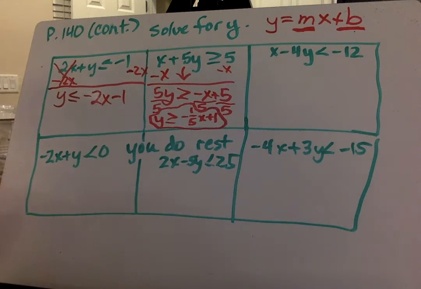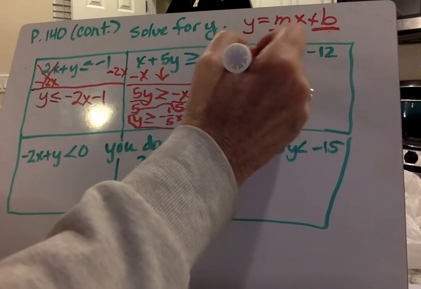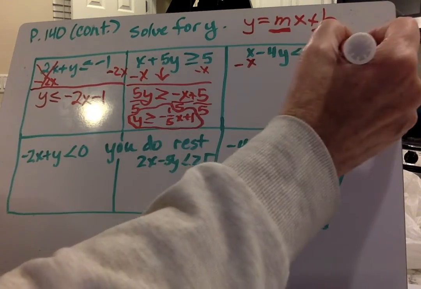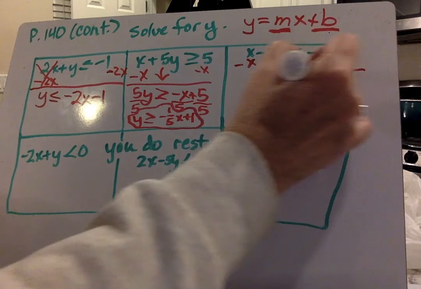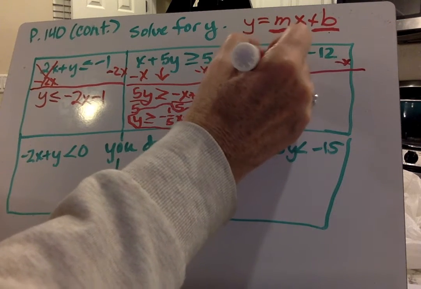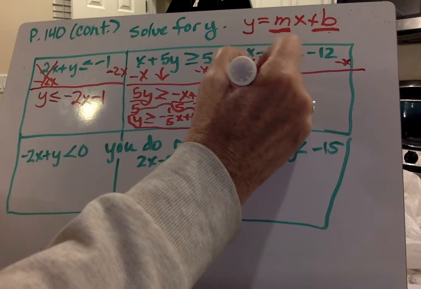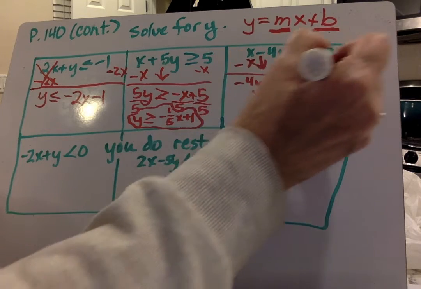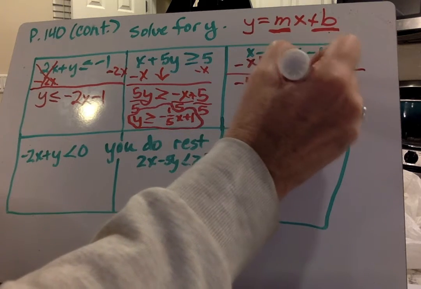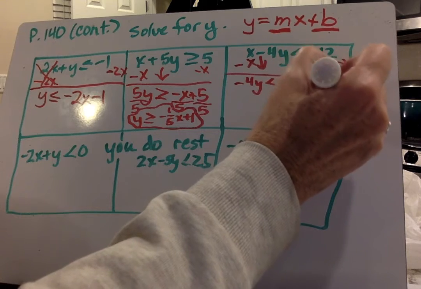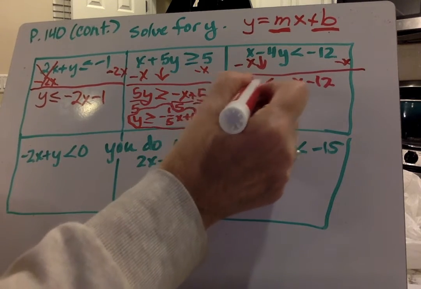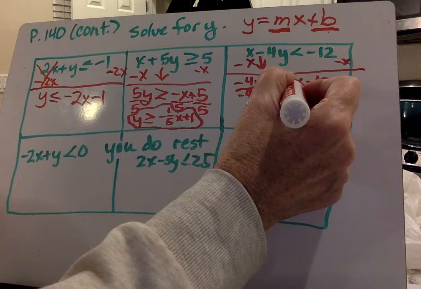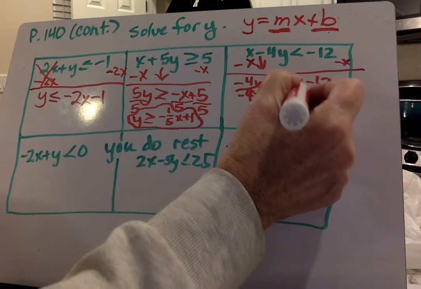Next, we're going to go on to the next one over here. Again, we're solving for y. So I go minus x, minus x. I make sure I bring this minus sign down, becomes a -4y is less than, I'm going to put the x first, -x minus 12. Then I divide by a -4. Do you remember what happens when you divide by a negative?